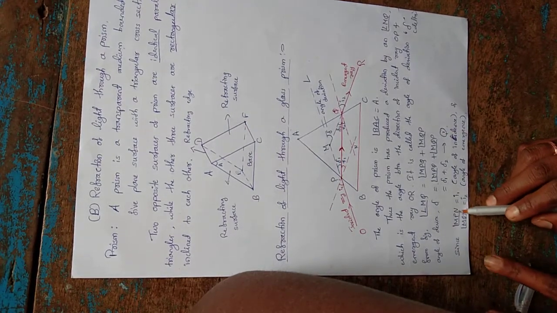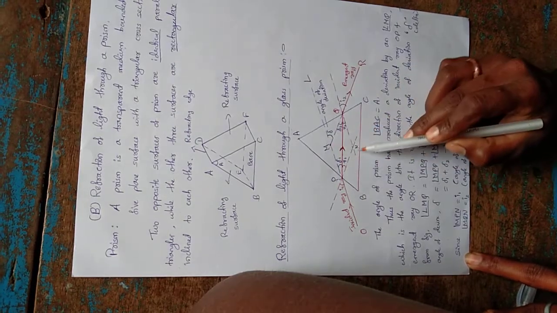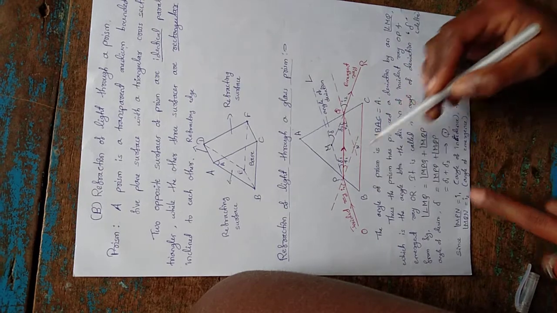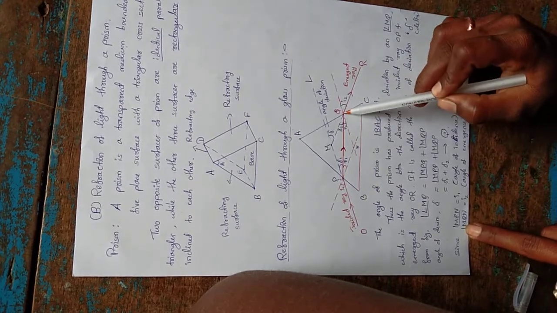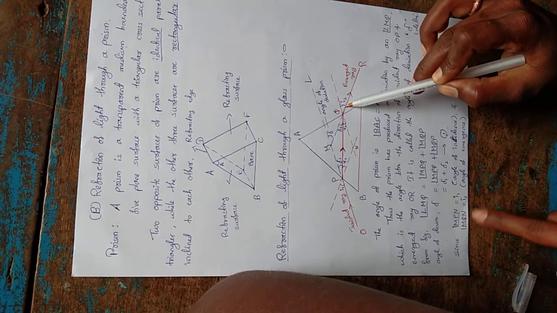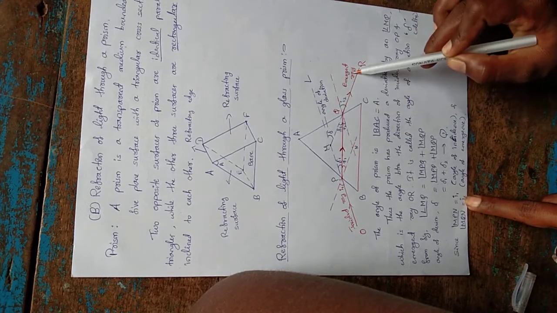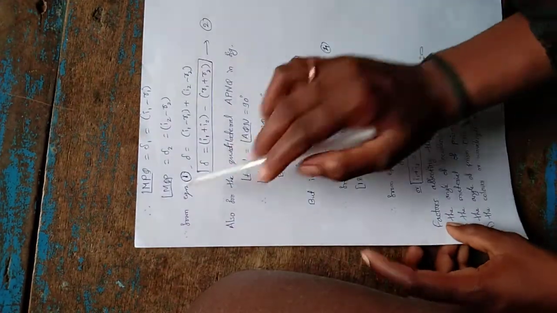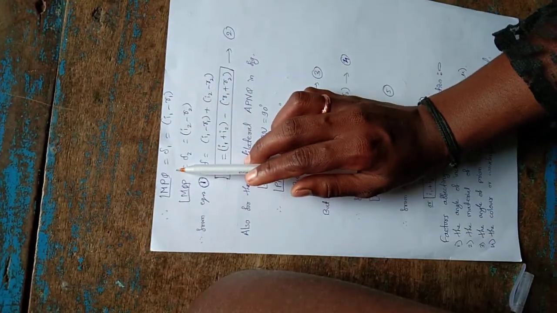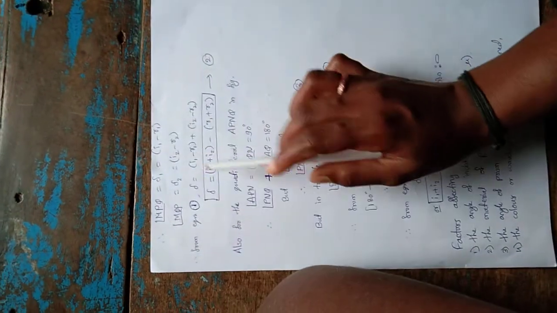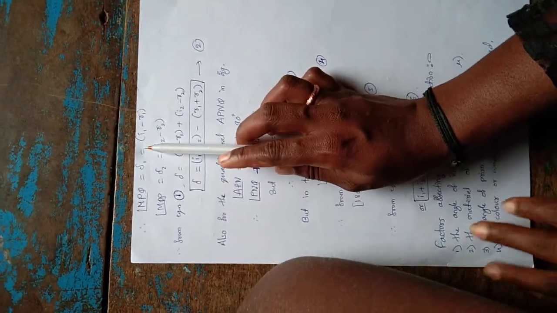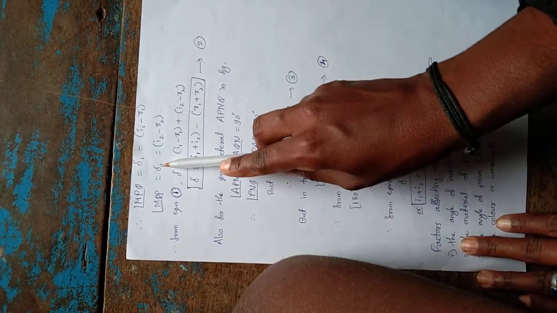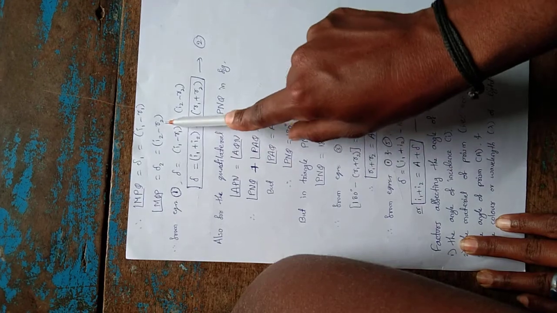Since angle MPN is the angle of incidence I1 and MQN is also an angle of incidence I2, that is the angle of emergence. Therefore, MPQ is equal to delta 1, that is equal to I1 minus R1, and MQP is equal to delta 2, that is equal to I2 minus R2.